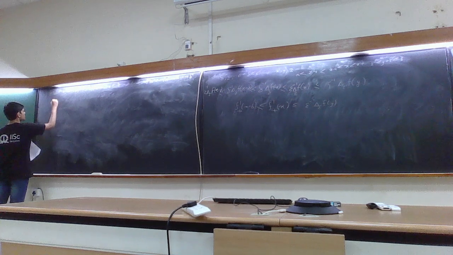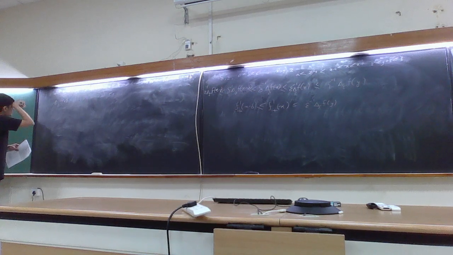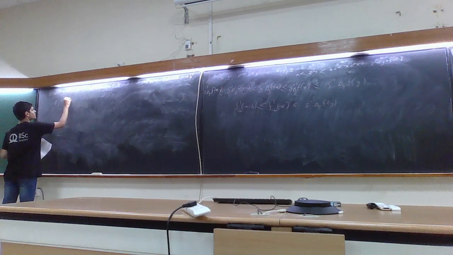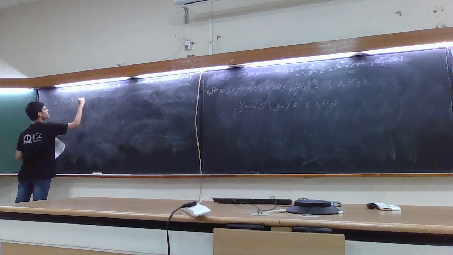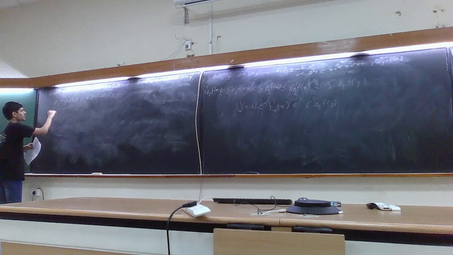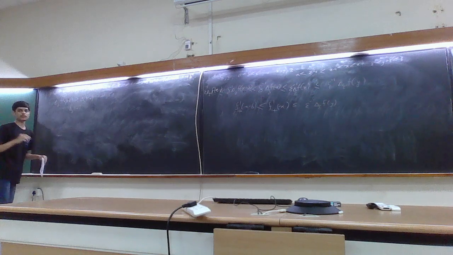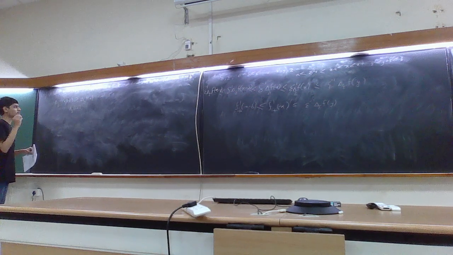This is done by saying that since f satisfies h2, we have this. So we can say that delta f of x is a non-decreasing function of x, right? From lemma 2.